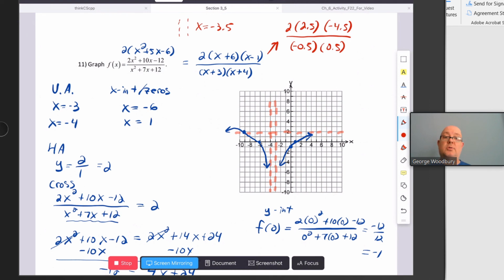So if we multiply these out, the numerator becomes -22.5, the denominator is -0.25, and negative divided by negative is positive. And this is going to be a really big number. If you divide it, I believe that works out to be 90. So it's going to be somewhere way up, but it's going to be between those two.